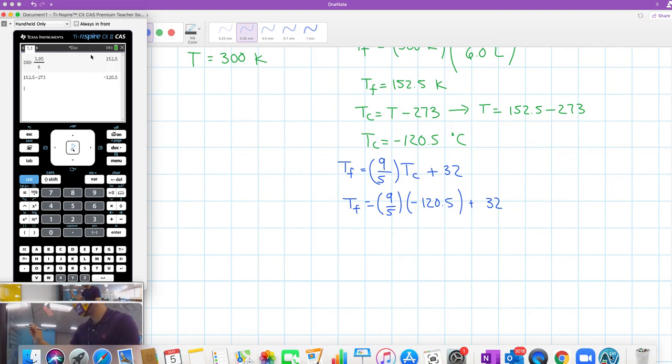We're going to multiply this times 9 divided by 5, and then add 32, negative 184.9. So let's round it to negative 185.